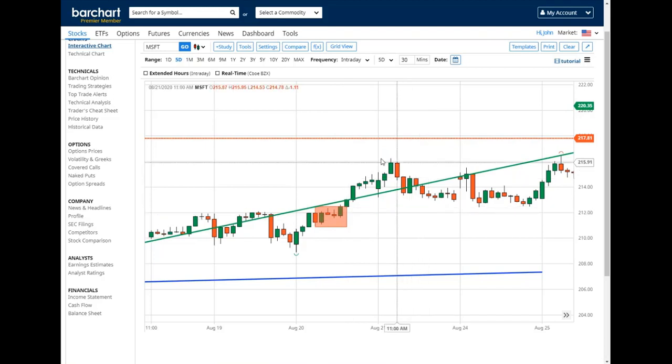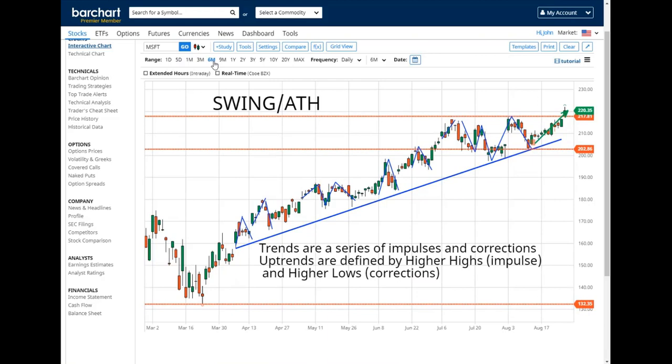Now, let me go back to my 6 month, right? That zone, you can see, is right here, this impulse, correction, impulse, and that is probably going to be a good zone moving forward. But until the market broke out, we might want to be patient and wait for an entry that is in line with my trend, which is maybe a little bit lower, where price is relatively lower, where I'm going to get a better value or cheaper value.